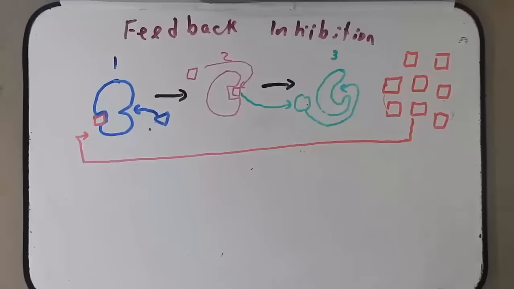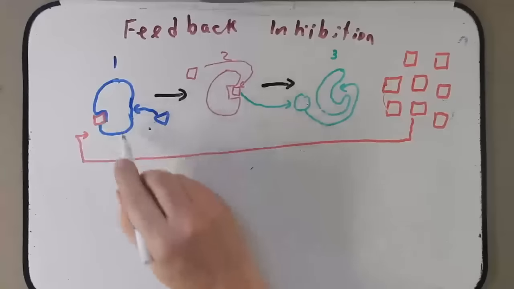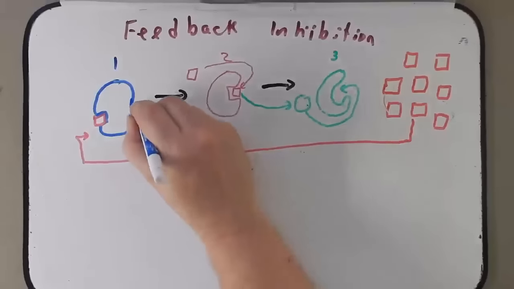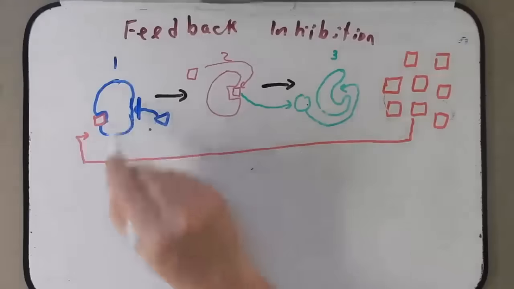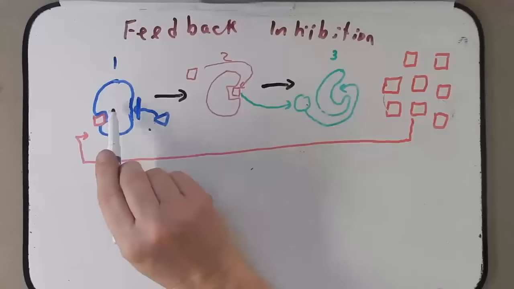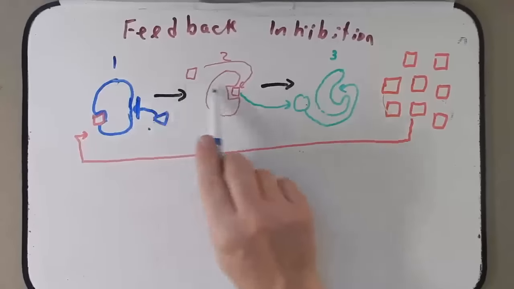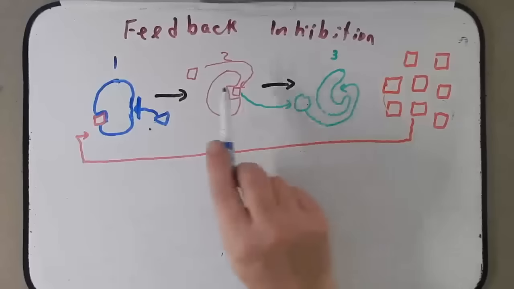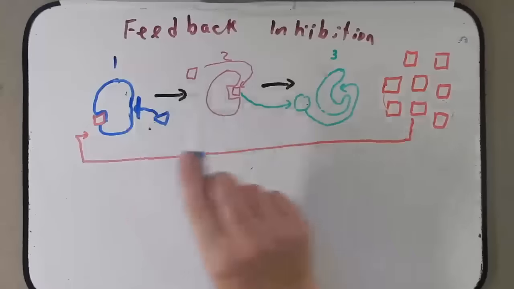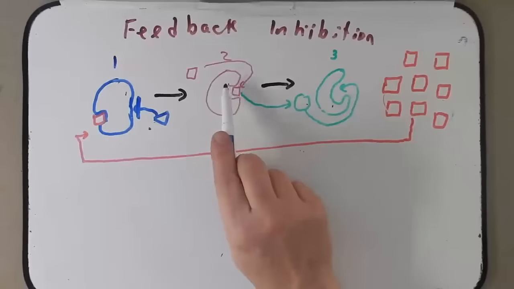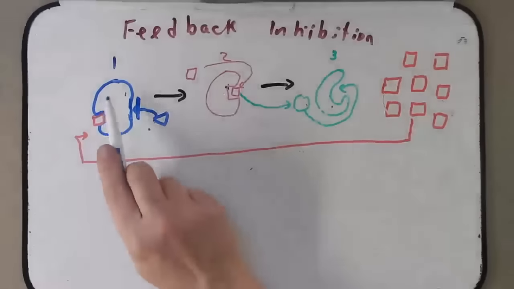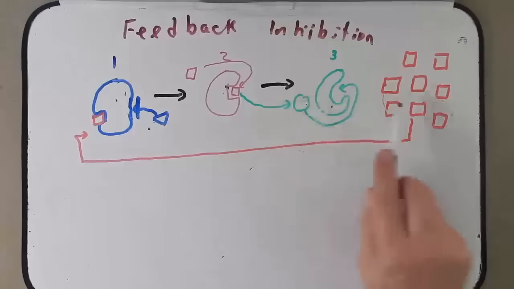In doing so, it will cause a conformational change of enzyme 1, blocking this active site, and now this substrate can no longer bind. If this substrate can no longer bind to enzyme 1, we've effectively stopped this pathway, because enzyme 2 needs the product of enzyme 1, enzyme 3 needs the product of enzyme 2. So by blocking enzyme 1, we block the whole pathway.